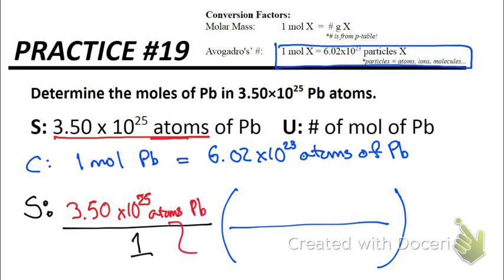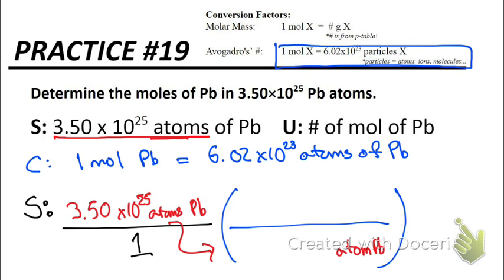What's on top must come down. So if we have atoms of lead on top, we need to have atoms of lead on the bottom. So how many atoms of lead? Well, look at your conversion factor. 6.02 times 10 to the 23rd power atoms of lead.